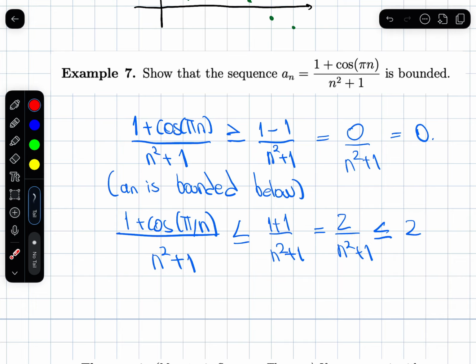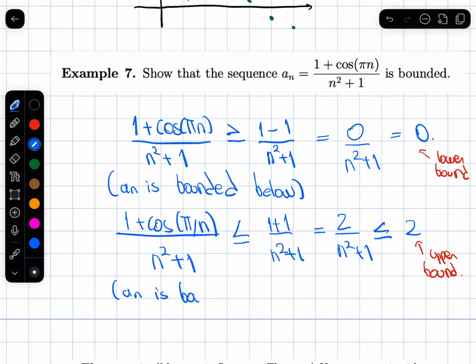It's in particular less than or equal to 1 as well, because when n equals 1 is the smallest this denominator could be. So I'll get 2 divided by 2 equals 1, but it's also always less than 2. So I don't always have to choose the best possible upper bound, but you can if you want to. So this would be a lower bound of 0, and this would be an upper bound, which shows that an is bounded above as well.